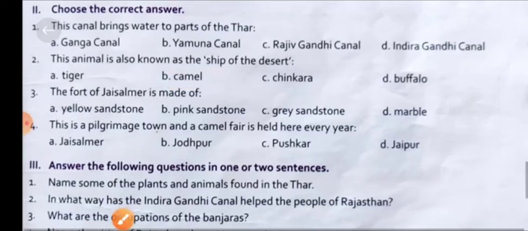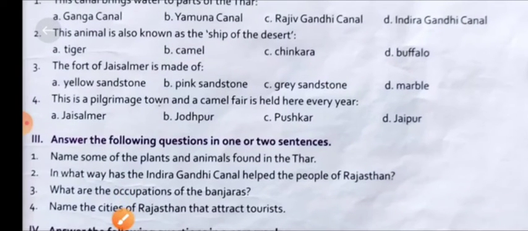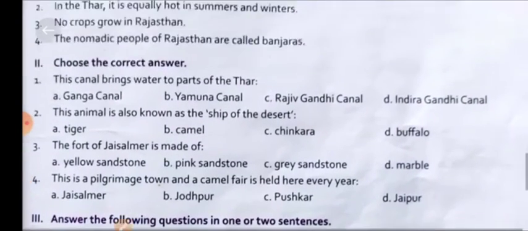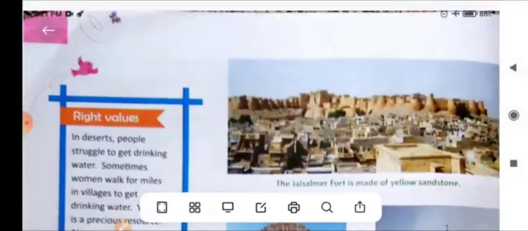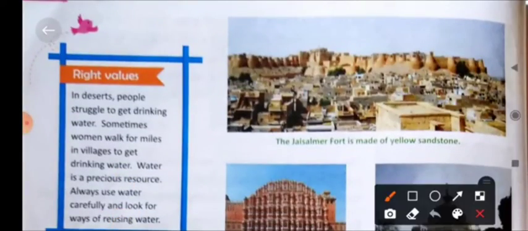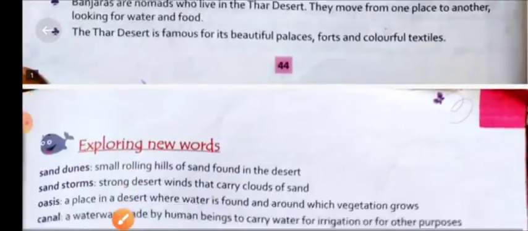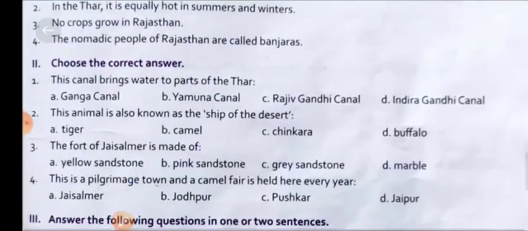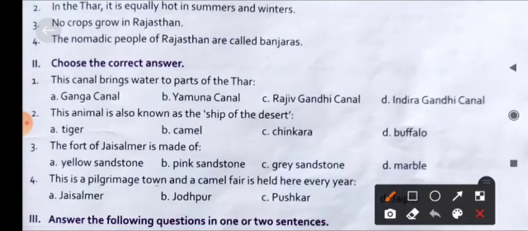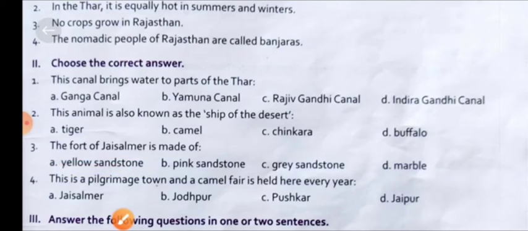Okay. The fort of Jaisalmer is made of... here you can also see the Jaisalmer fort, which is made of yellow sandstone. So in this section, yellow sandstone is the right answer.